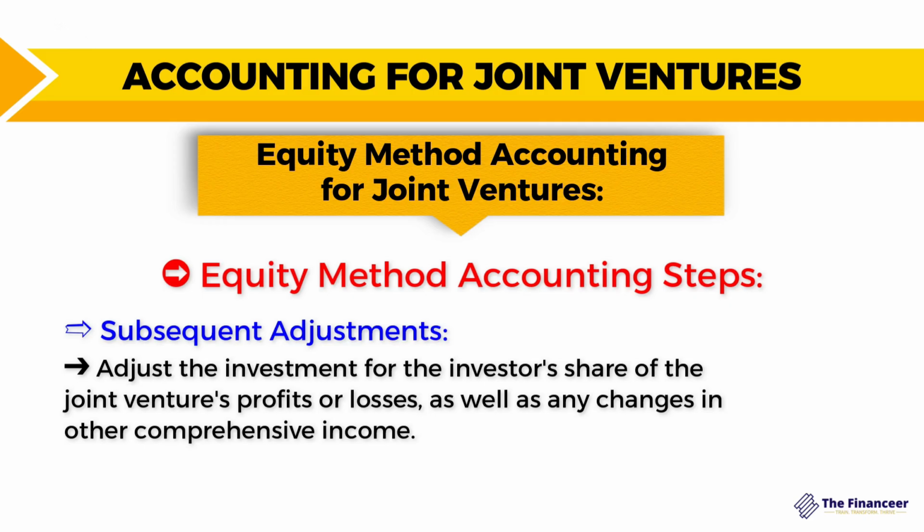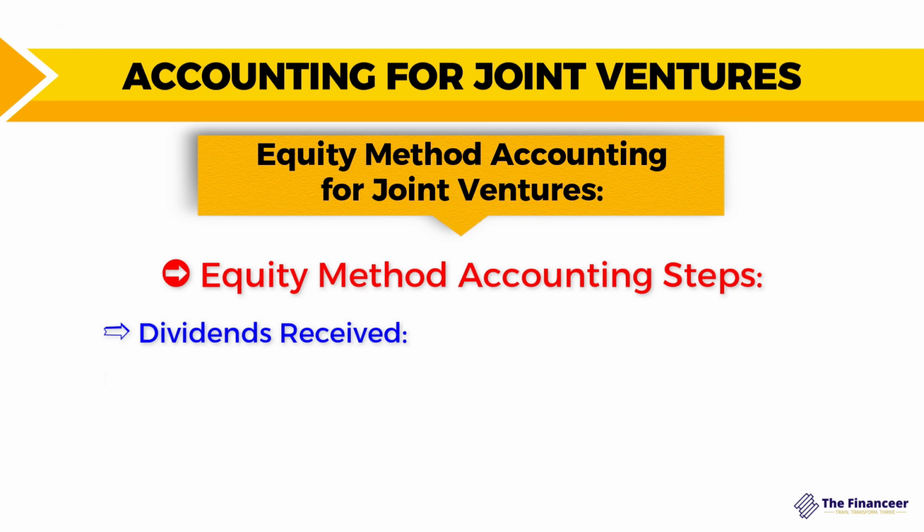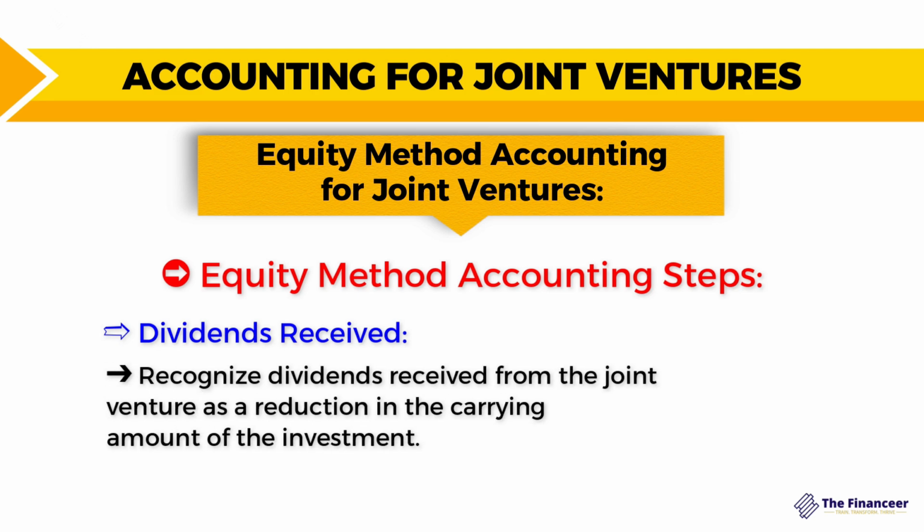The step number 3 is related to the dividends received. As an investor in a joint venture, we have to recognize the dividends that we received from the joint venture as a reduction in the carrying amount of the investment. So the carrying amount of the investment will be reduced by the dividends that we received. Why? Because in step number 2, we added the percentage of the profit to the carrying value of the investment.